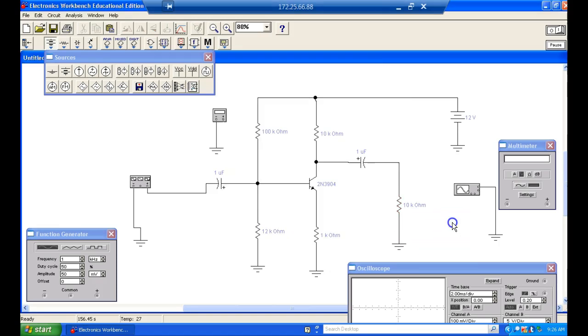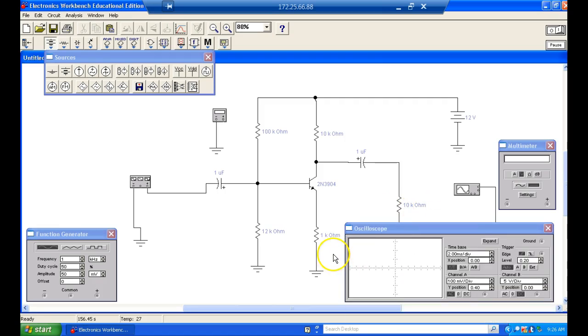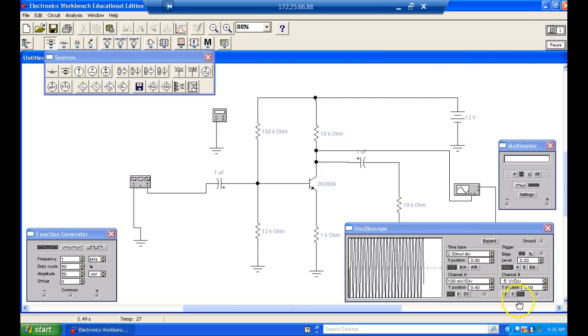Our gain will be a gain of 5, because to calculate your gain, we use what? This in parallel with that. So I had a 1K out there. So that should give us a gain of 5. So let's see if that helps us out a little bit. Okay, so that was the problem.